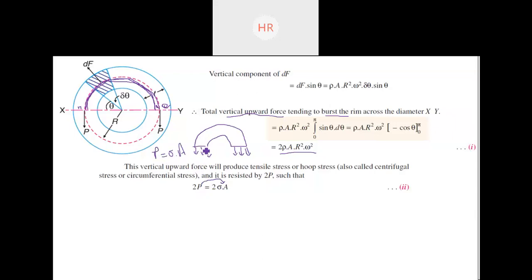Here we have two sides, so 2 times P is equal to 2 sigma into A.